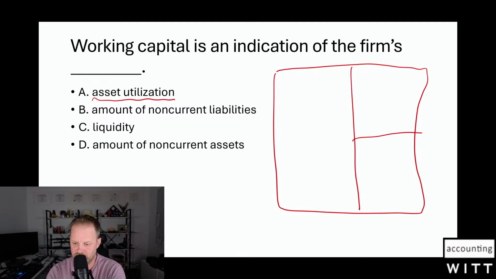So when you talk about assets, the way that these are ordered is in liquidity.